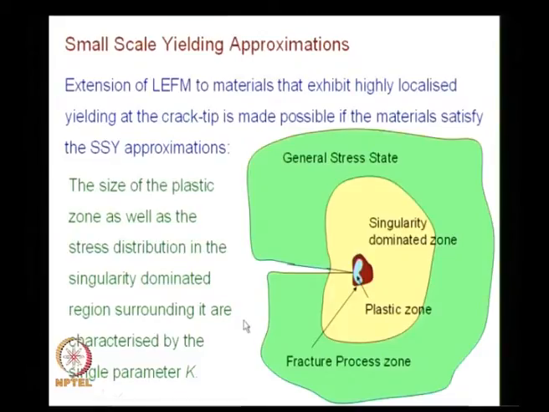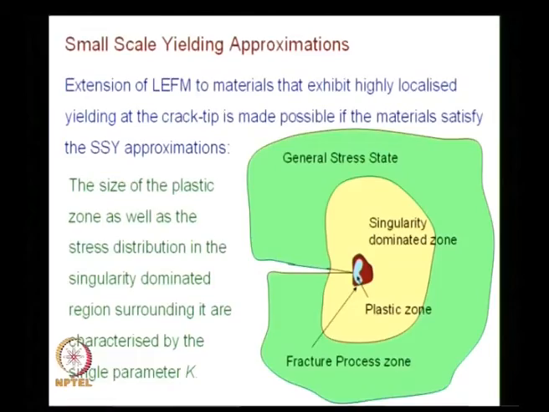In fact, the plastic zone I have given a shape which is very similar to what is seen in experiments when I have a mode 1 situation. So, these zones are much smaller compared to the singularity dominated zone. That is the key point here.